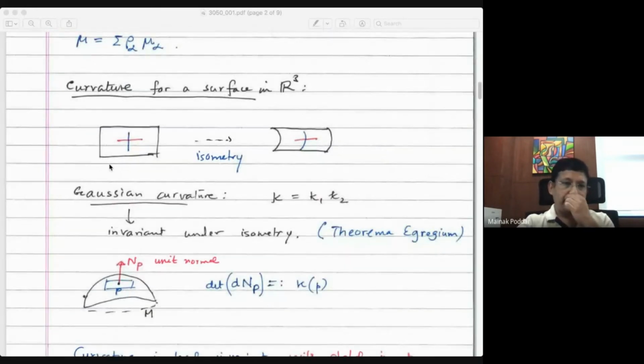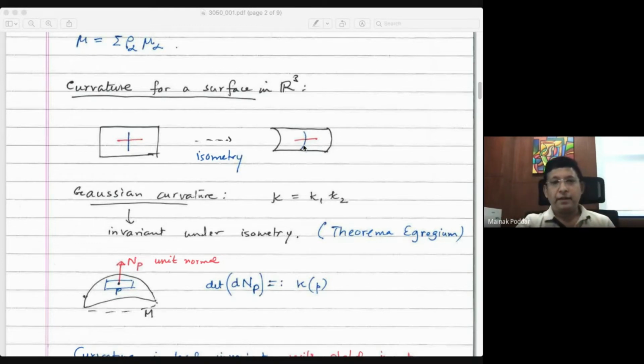Now, here's an example. Here you have a plane in R3, and I showed you two tangent directions. Of course, for a plane there is no curvature; these curves are just straight lines. However, what I can do is bend this plane, to make this shape, sort of part of a cylinder.